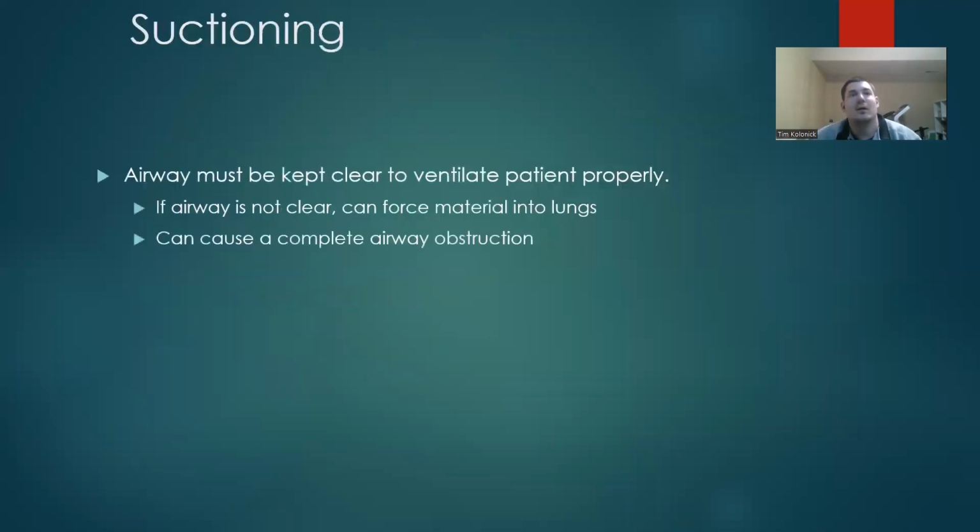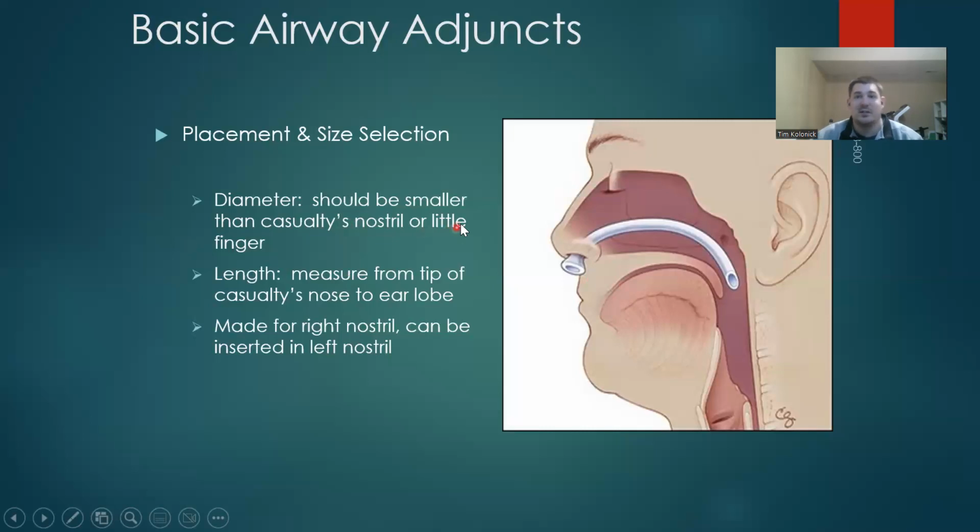Okay. If we need to suction, we've got to keep the airway clear and be able to ventilate the patient properly. So we might need to be suctioning while we're doing all these airways, because you might need to remove fluid. And it is okay if any of these basic airways are in there that you suction alongside it or down the tube if needed.